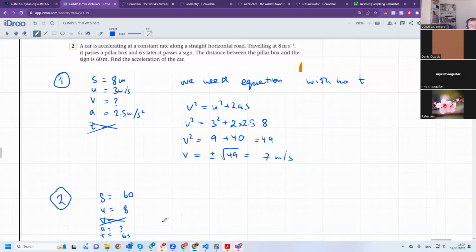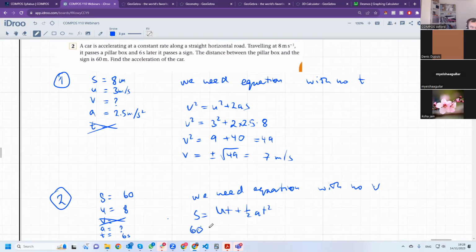T is 6. Okay, so which equation do we need? The one that does not contain v, sorry. So s is equal to ut plus 1/2 at squared.